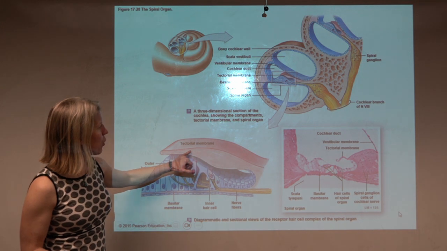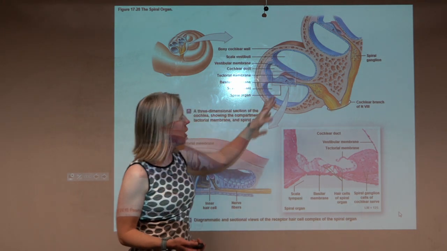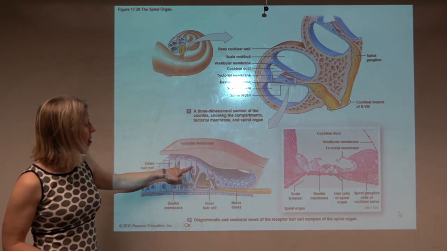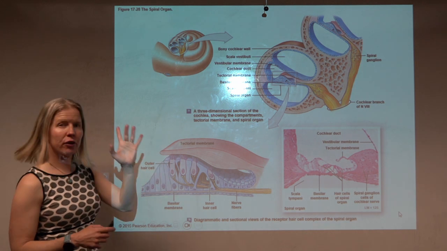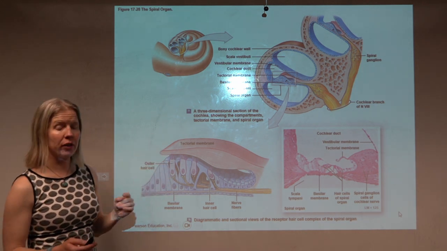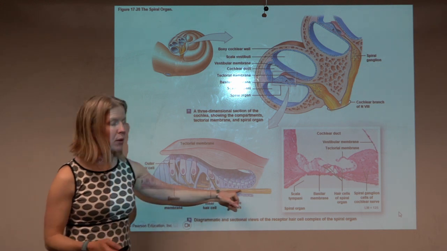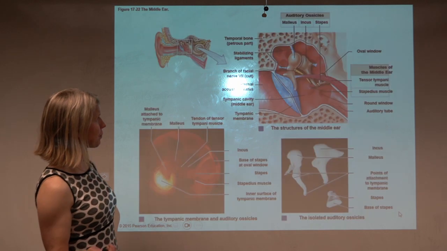And when it distorts what's called the tectorial membrane, so this fluid pushing in here pushes down on this membrane, that's going to interact with, you guessed it, hair cells. We see our same hair cells with their stereocilia, and they're going to get distorted as that tectorial membrane hits them, and we'll send a message via the vestibulocochlear nerve again.